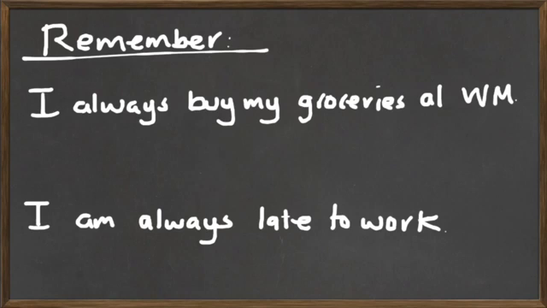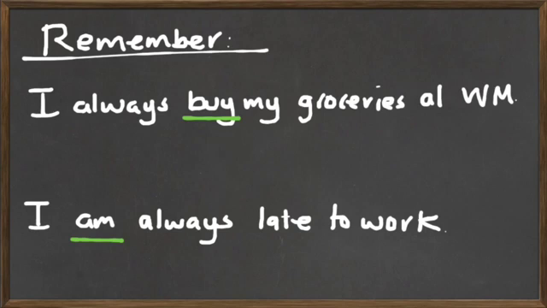There's another important thing to mention with frequency adverbs. There's a difference between using an action verb and using the verb to be. Let me label it for you so it looks better. The position of the frequency adverb changes.